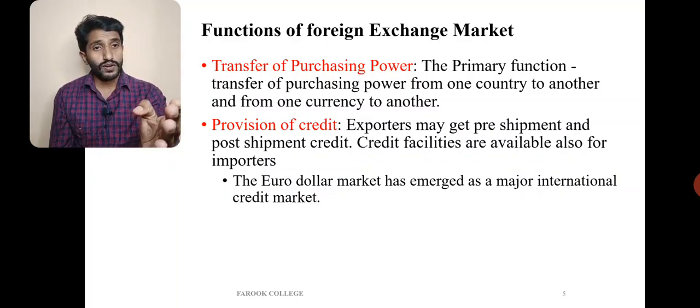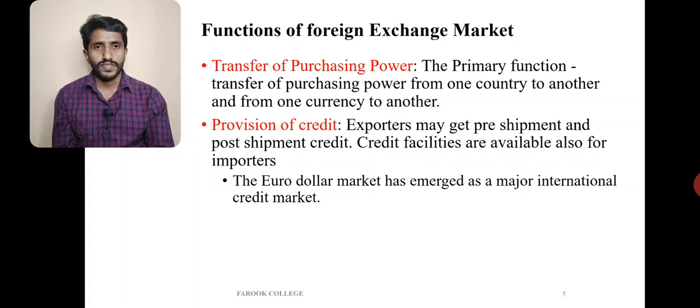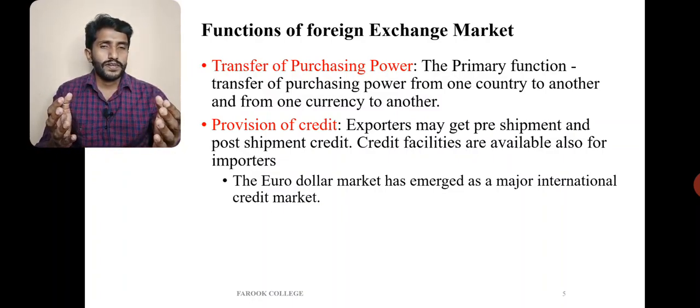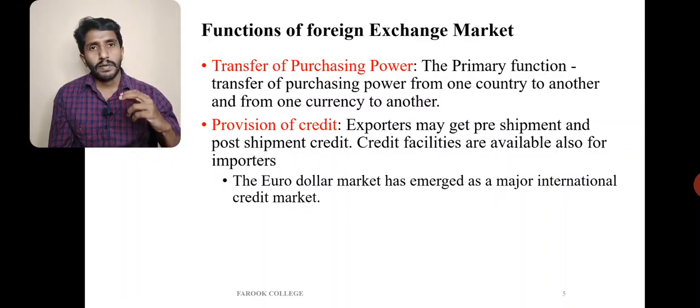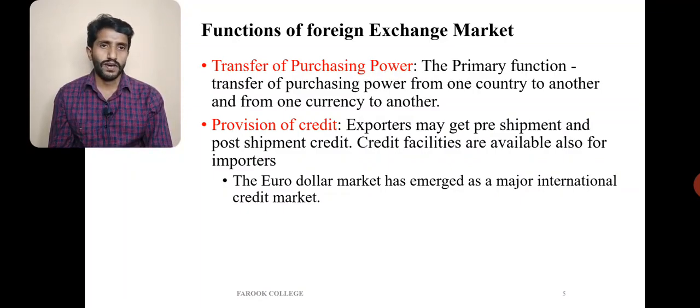And there is the euro dollar market, which is a capital market where loans are given to exporters and importers.